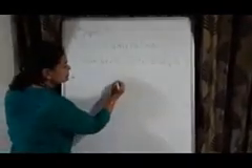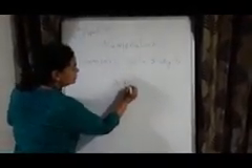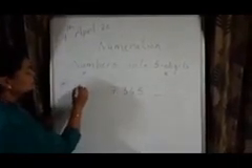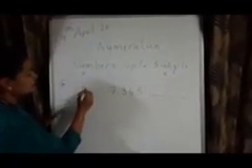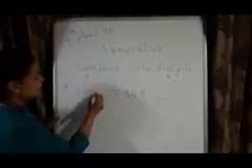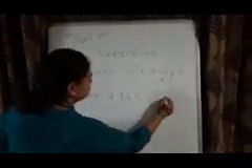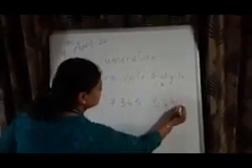Okay, next topic is how to write numbers before and after, predecessor and successor. Now, for 7,345, the number before, the predecessor, will be 7,344, and the successor 7,346.